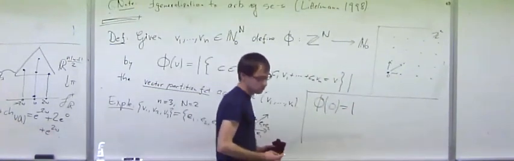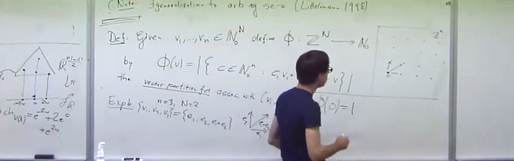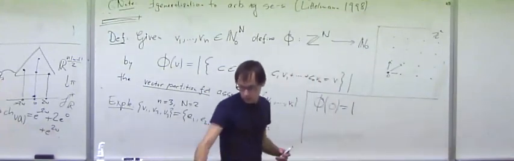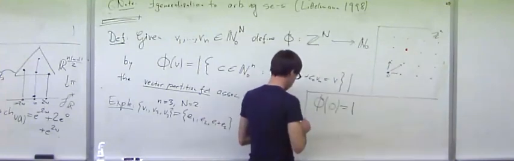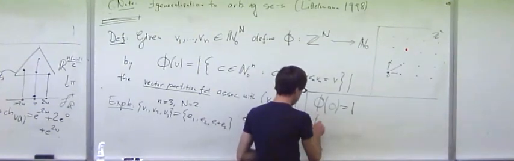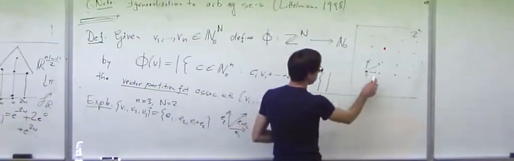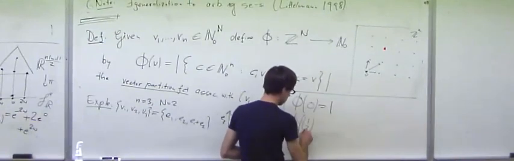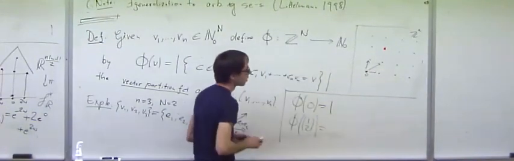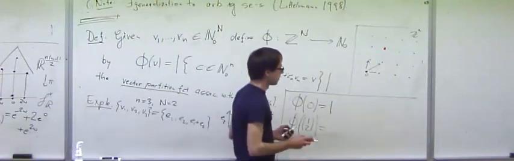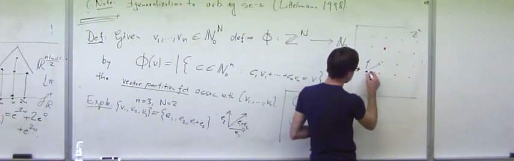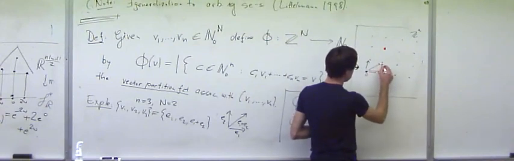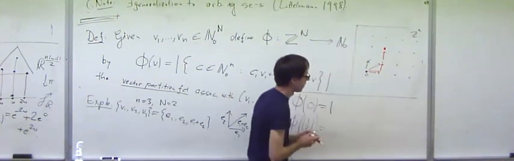So let's do some more complicated examples. So how do I get here? So this is phi of (1, 2). Here there should be more possibilities. I could go like this.